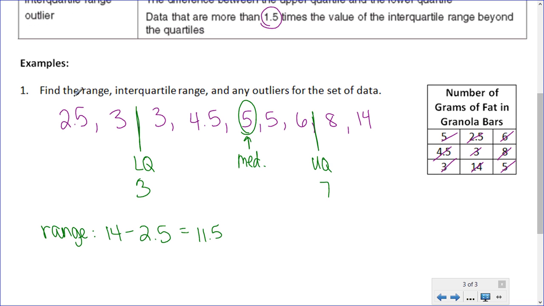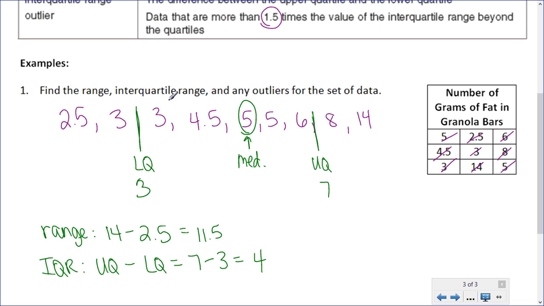Okay, so there's the range. The interquartile range is similar, but it's just from the lower quartile to the upper quartile. So the interquartile range is the upper quartile minus the lower quartile, which is 7 minus 3, which is 4.